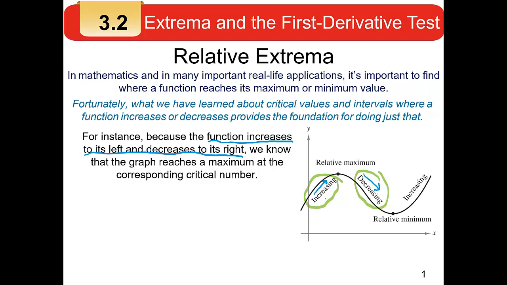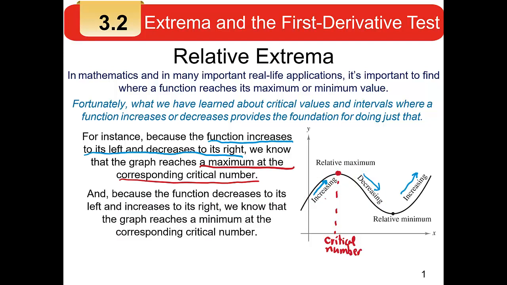And that tells us that that value between the increasing and decreasing is a maximum for this function, at least locally in that area, and we call that a relative maximum. In the area of that point, which I'm calling a critical number, this function reaches its highest point.